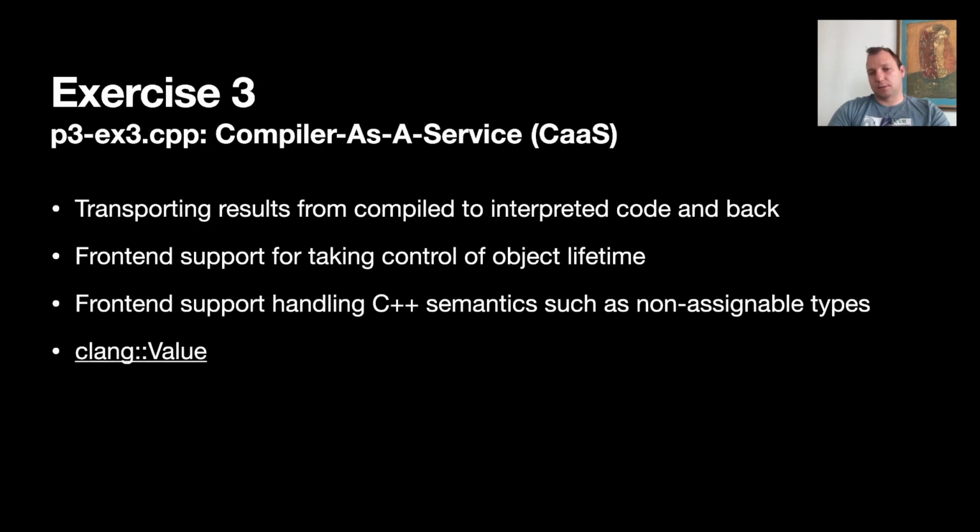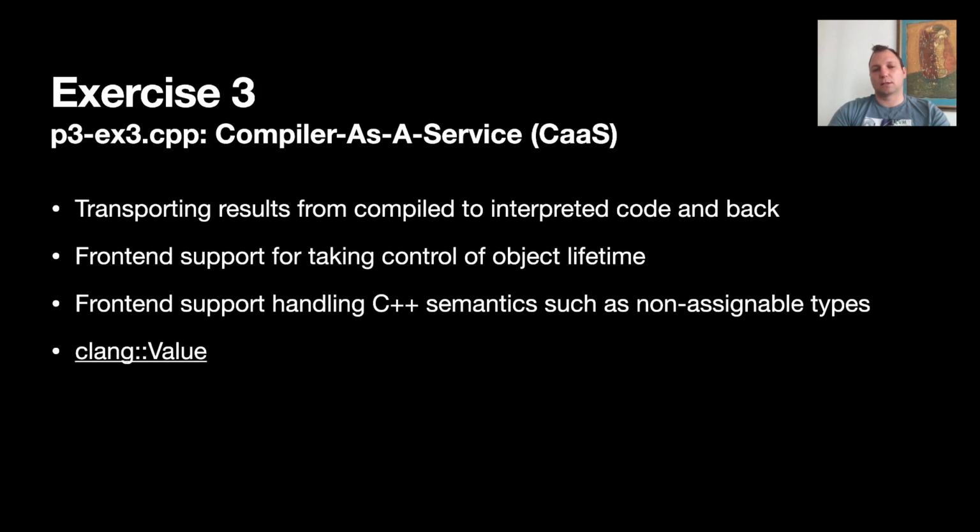Because the C++ language semantics includes non-assignable types or const types and so on, we also want to have some front-end support to take the execution result of objects that include non-assignable semantics. And this object is the so-called clang value.